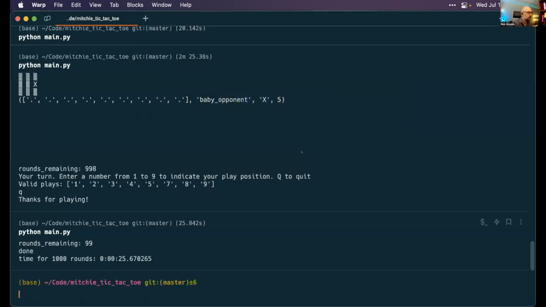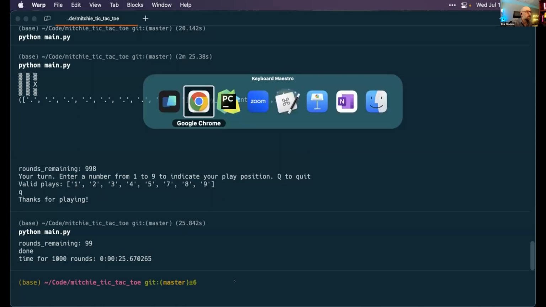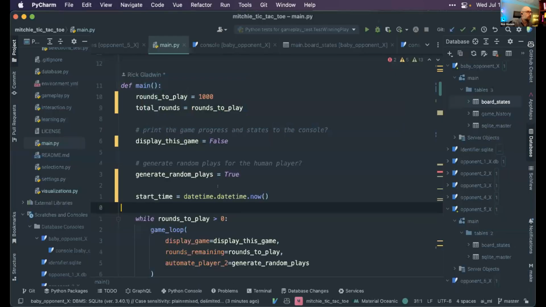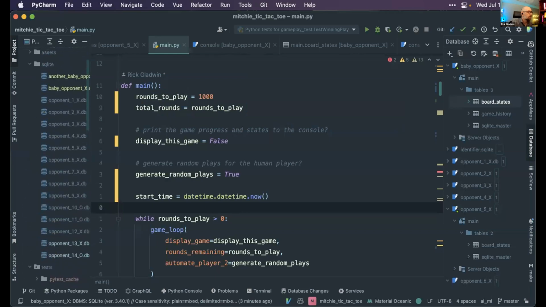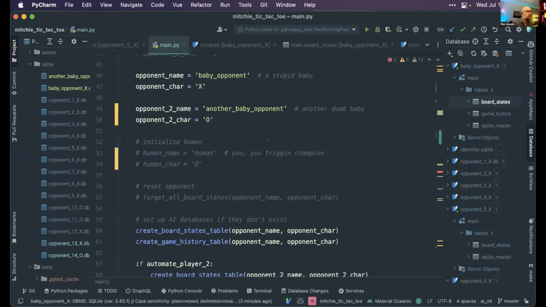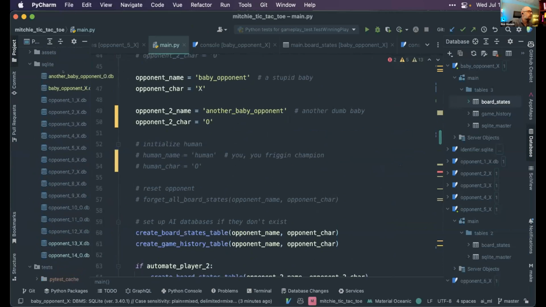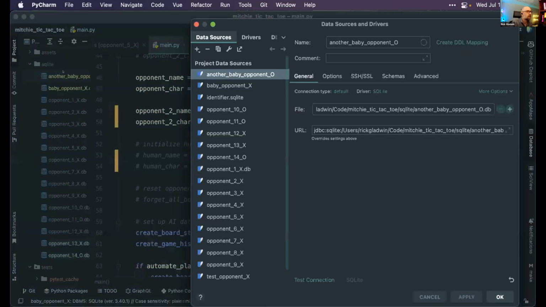Let's go back and see. Oh, good. 1,000 rounds are done. We'll quickly go back and look at these. Who did we play against each other? The baby and the other baby. Let's go look at the other baby.